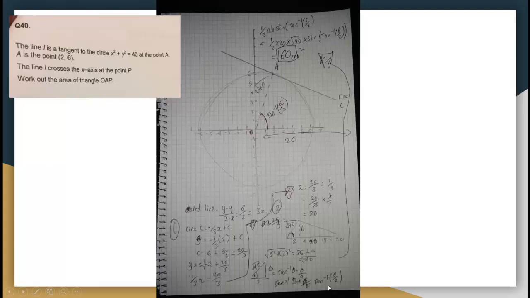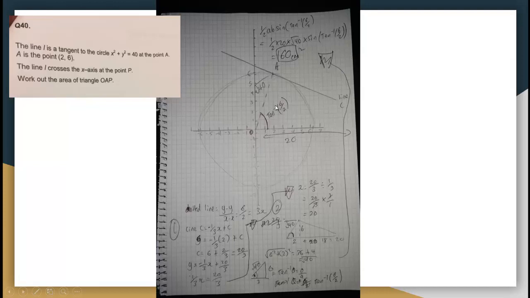I then knew that you could use the numbers that we have already to work out the area using the formula half ab sine C. So I used some trigonometry to work out the angle of this.